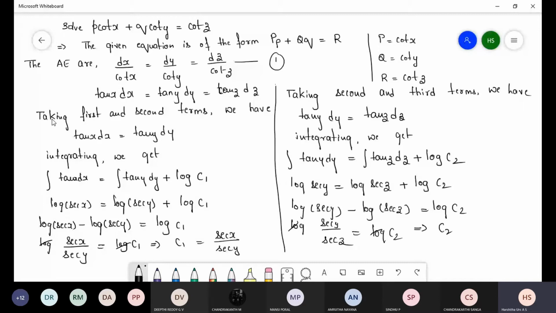C2 is equal to secant y divided by secant z. This is the C2 value. Therefore, phi of secant x divided by secant y, comma, secant y divided by secant z is equal to 0. This is the general solution of the PDE.